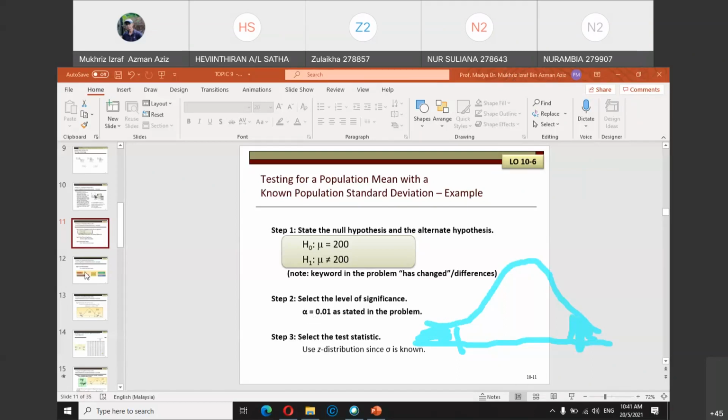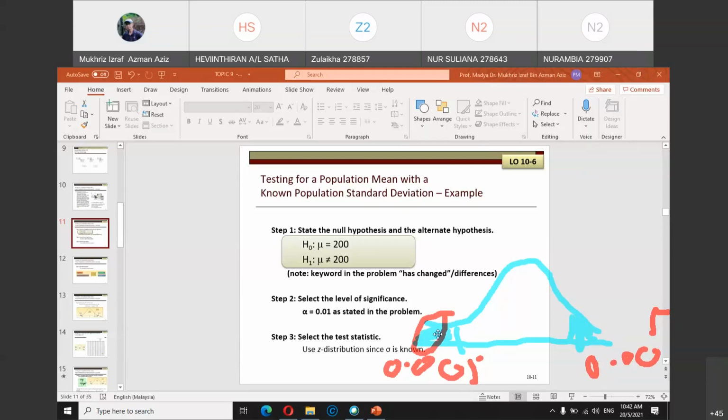This one part area will be 0.005, and the other area on the right will also be 0.005, because the alpha is 0.01. You divide by 2, so the sum of the left and right area will be equal to 0.01, but one area will be half of that, 0.005.